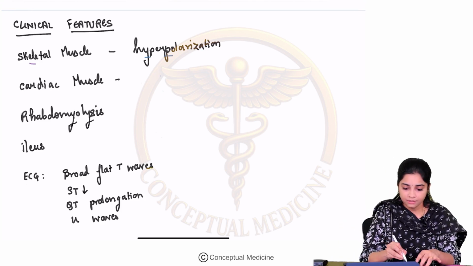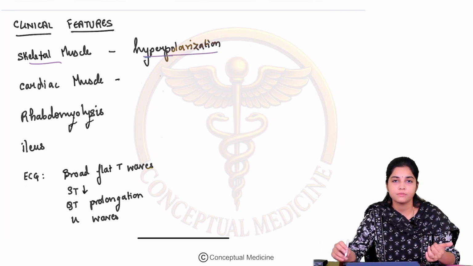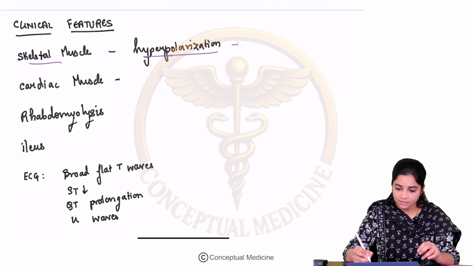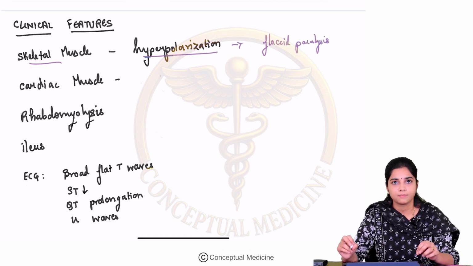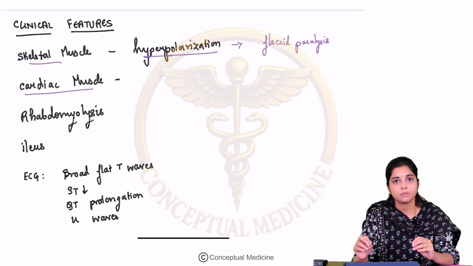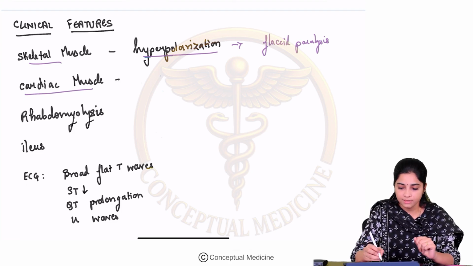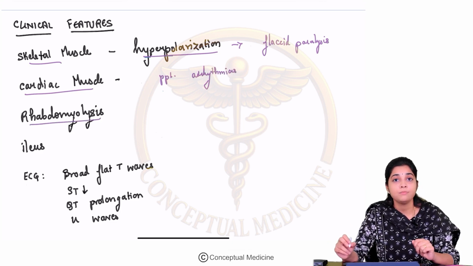In the skeletal muscle, hypokalemia can cause hyperpolarization of the skeletal muscles. This can result in a flaccid paralysis. Okay. Then, cardiac muscle. Because potassium is required for the smooth functioning of cardiac muscles, hypokalemia can precipitate arrhythmias. Then, rhabdomyolysis.